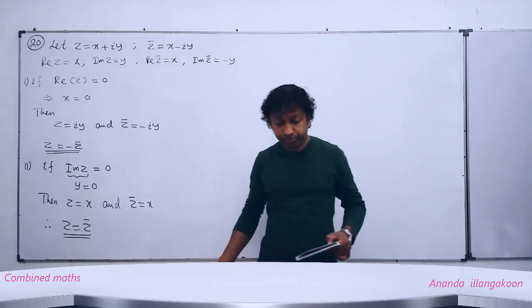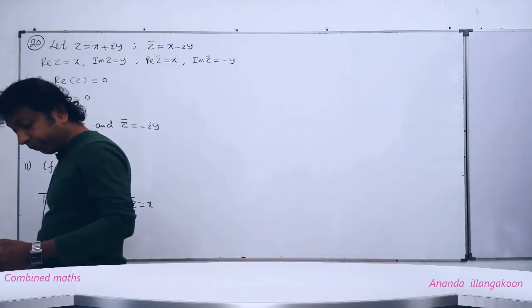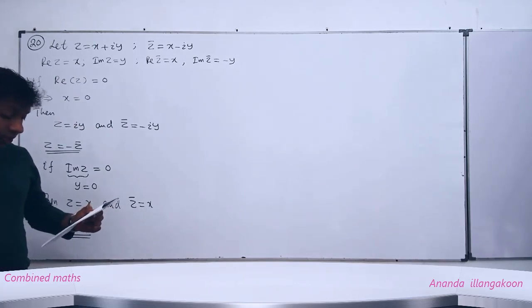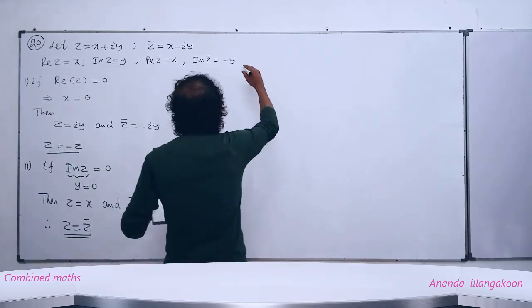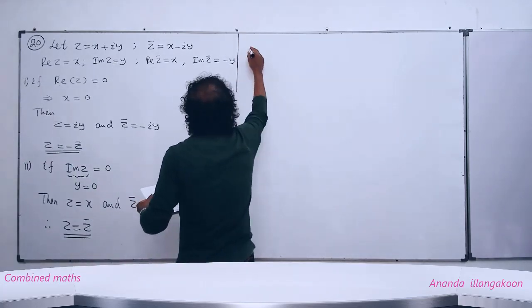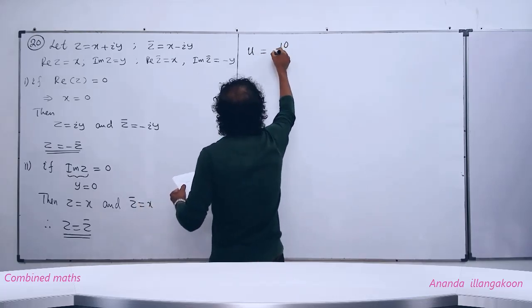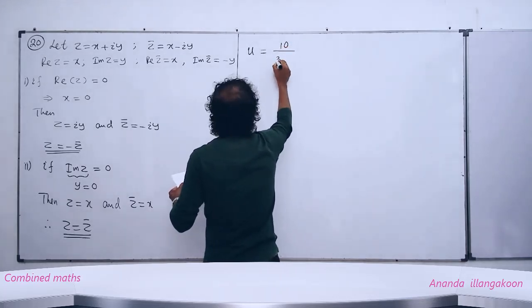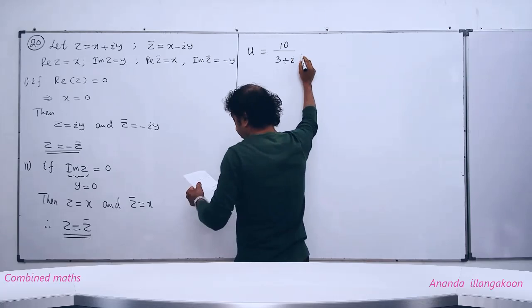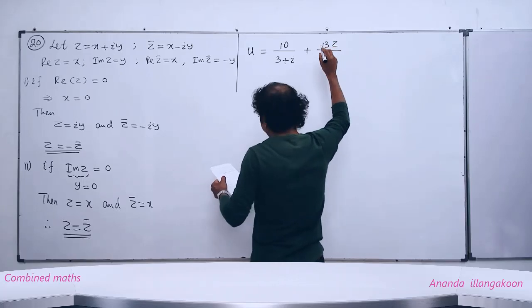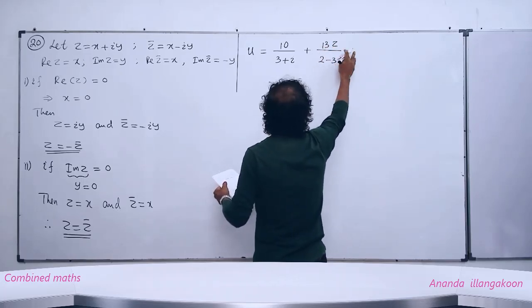Next part, people. A complex number u is defined as u equals 10 upon 3 plus i plus 13z divided by 2 minus 3i.